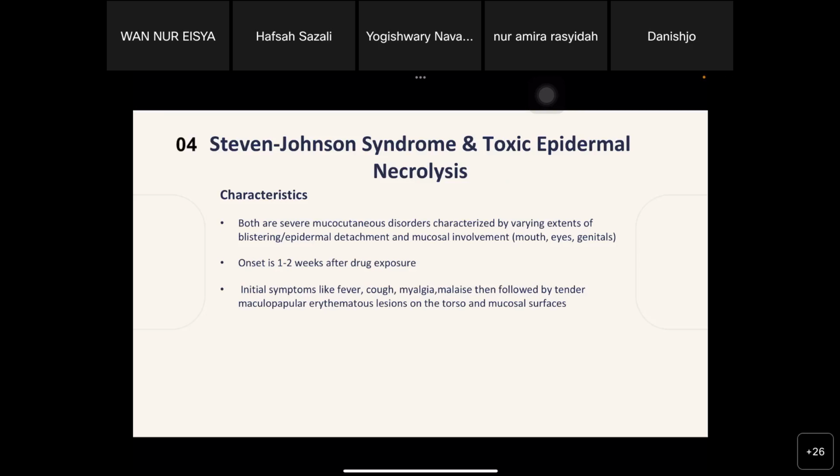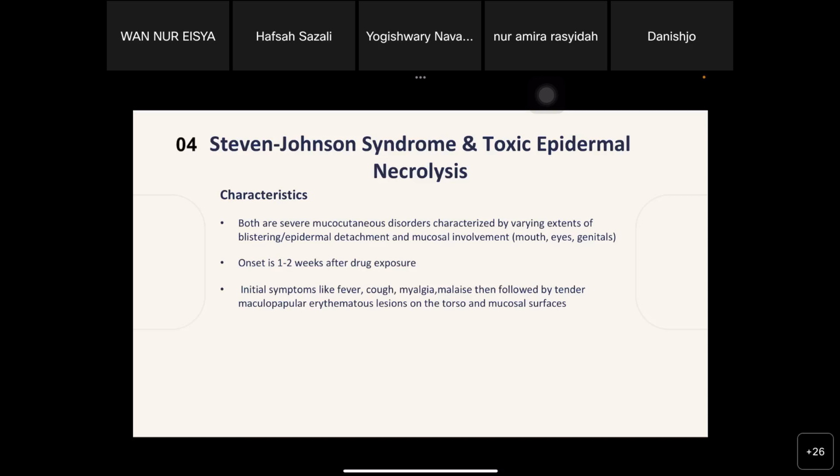Stevens-Johnson syndrome and toxic epidermal necrolysis is an acute but life-threatening mucocutaneous reaction. It is characterized by body surface area involvement: if the lesion covers about 10% of the body surface area, we define it as Stevens-Johnson syndrome.